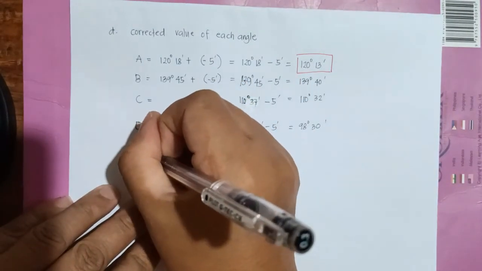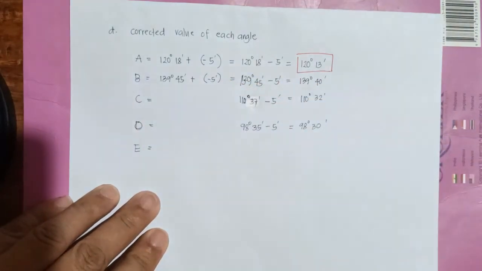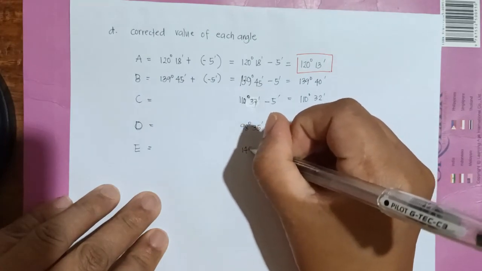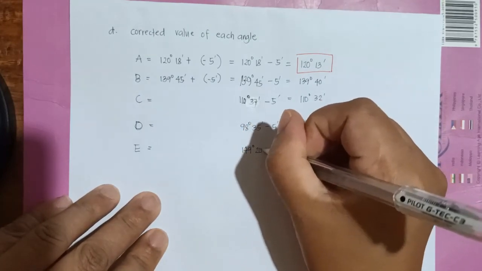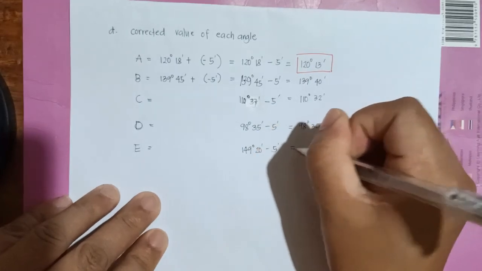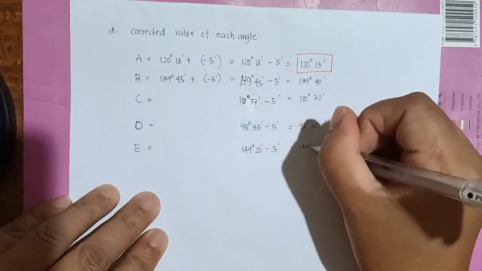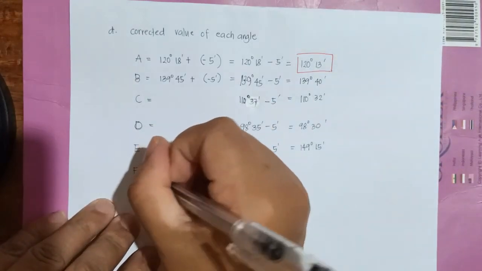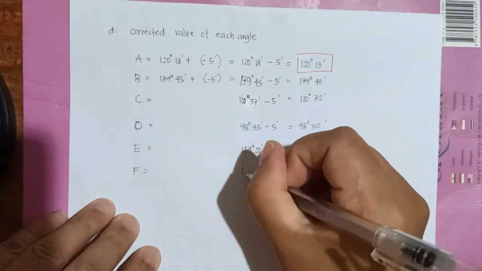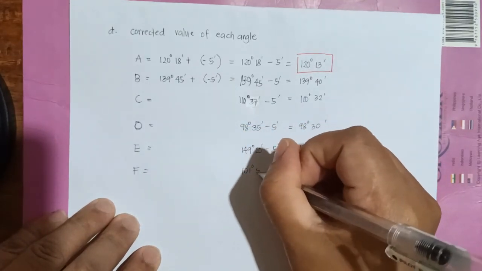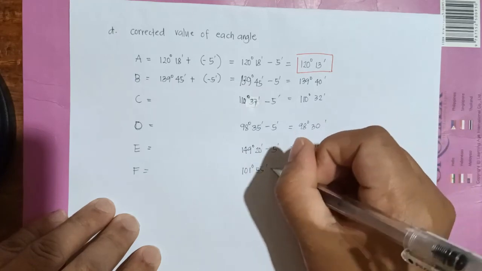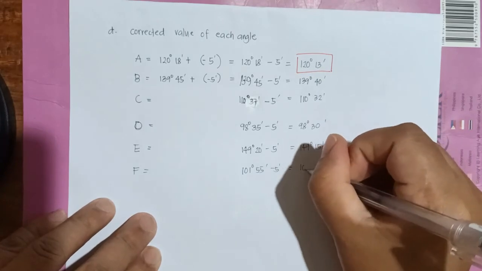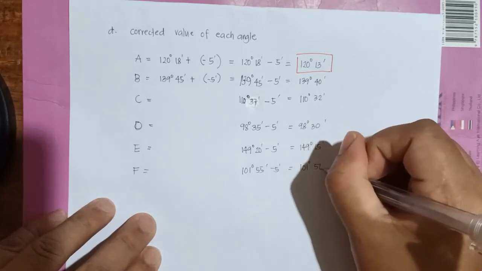You have E, which is 149 degrees, 20 minutes minus 5 minutes, equal to 149 degrees and 15 minutes. And F is 101 degrees, 55 minutes minus 5 minutes, equal to 101 degrees and 50 minutes.